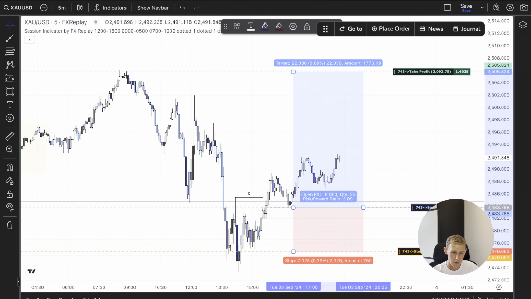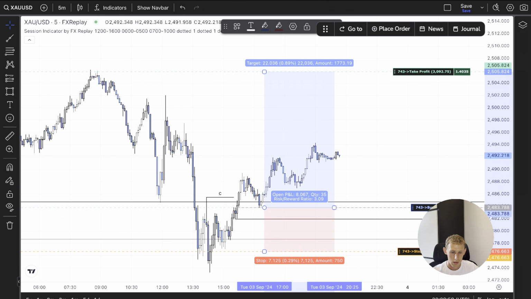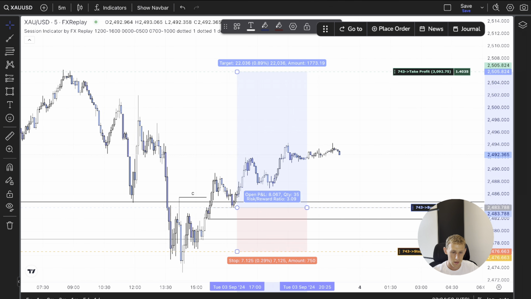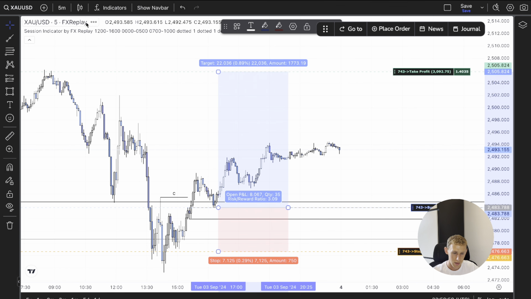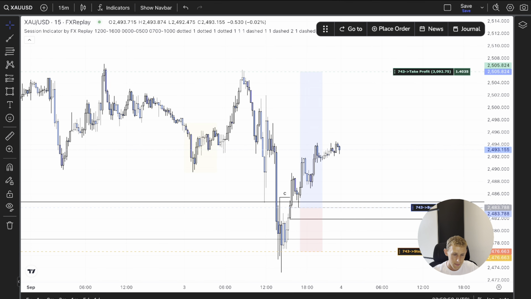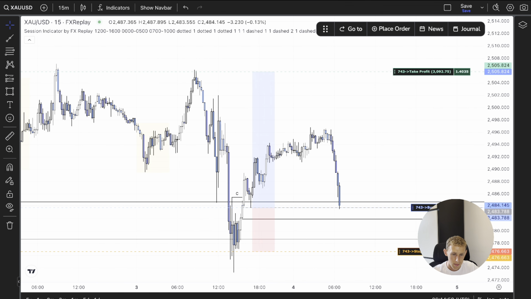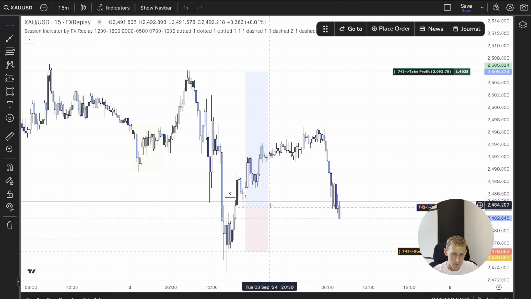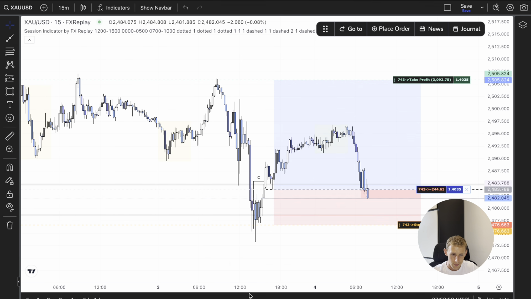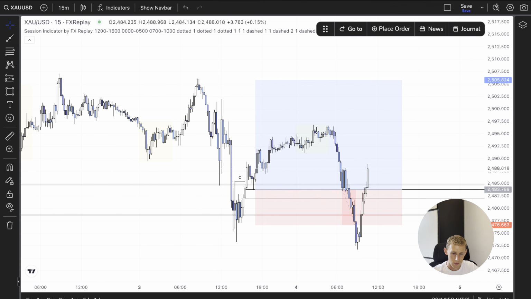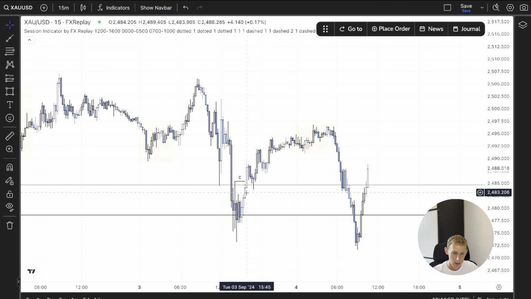Hopefully it comes back down for us. Doesn't look like it wants to. Right, there we go. So we're tagged in. Okay, nope. So little loss on that one. It's fine.